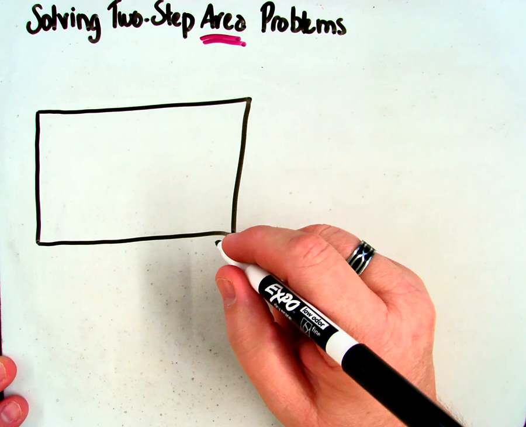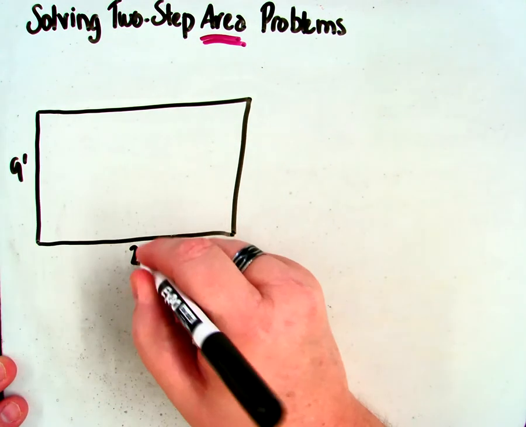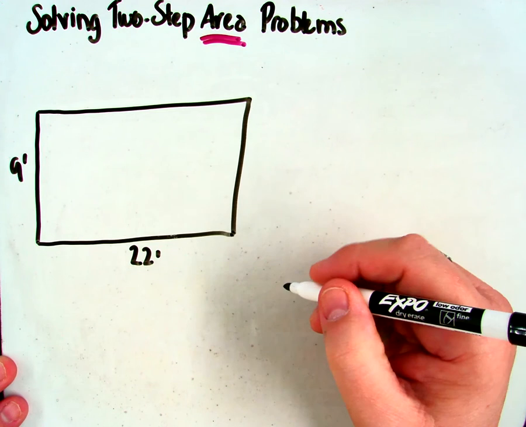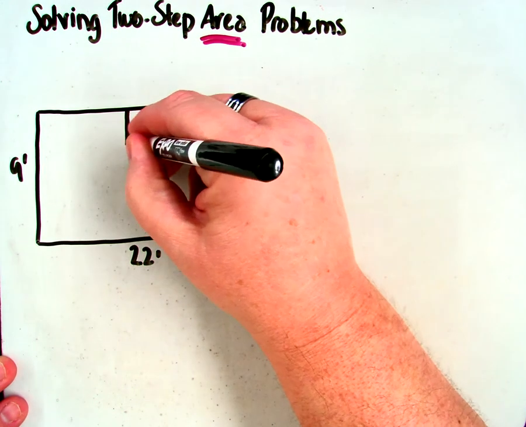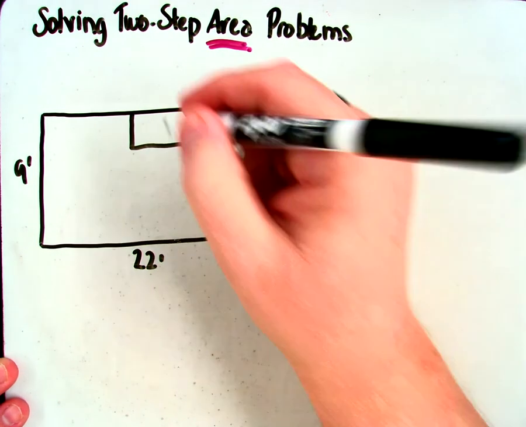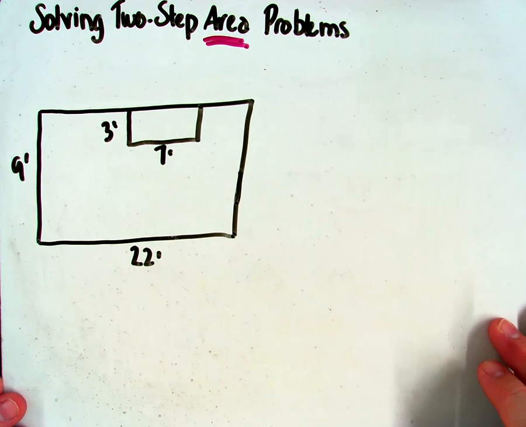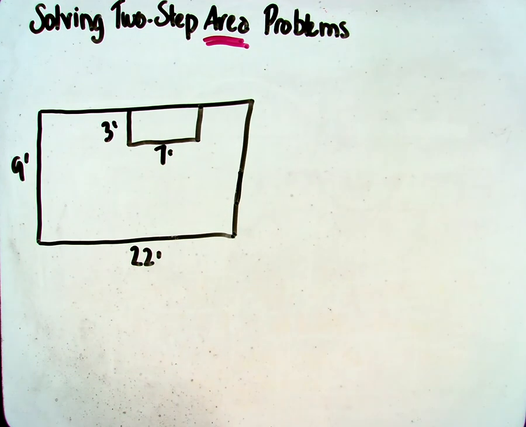And our deck measures 9 feet by 22 feet. And then we have a permanent brick barbecue that measures 3 feet by 7 feet. So I want you to be able to tell me what area of our deck are we going to paint.